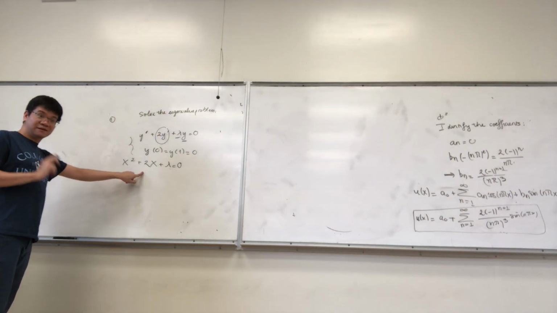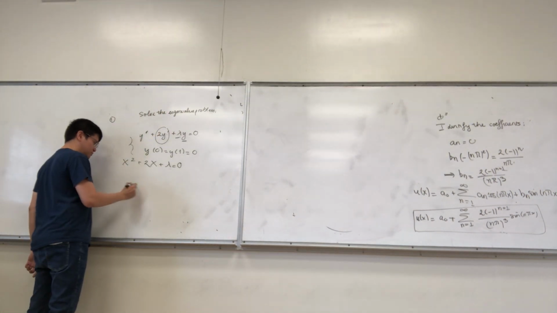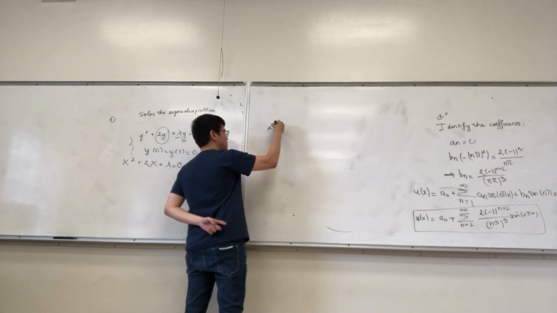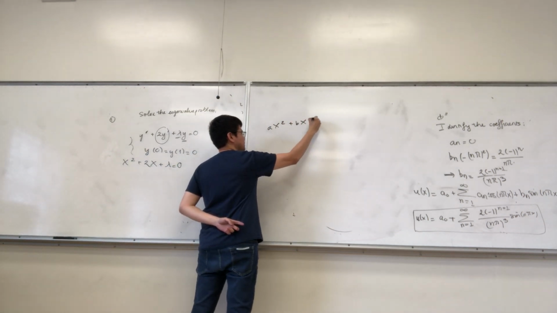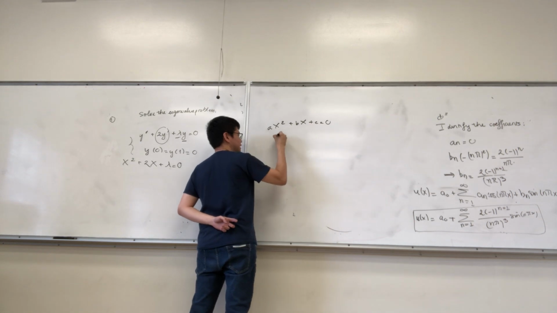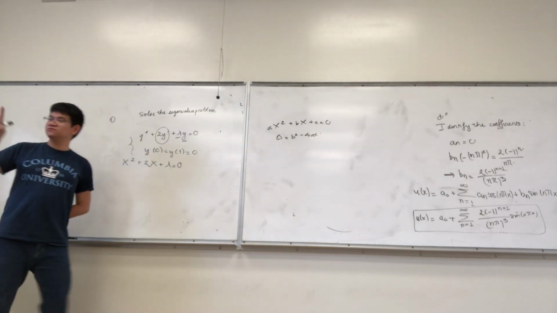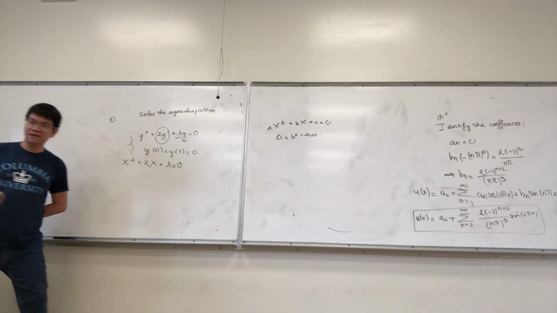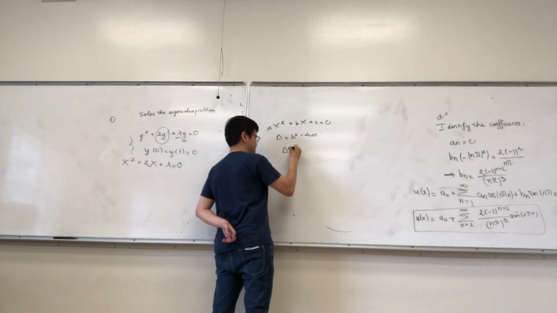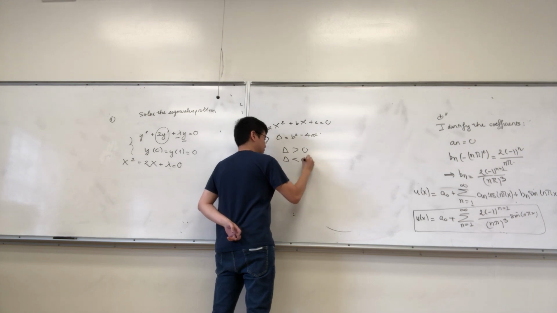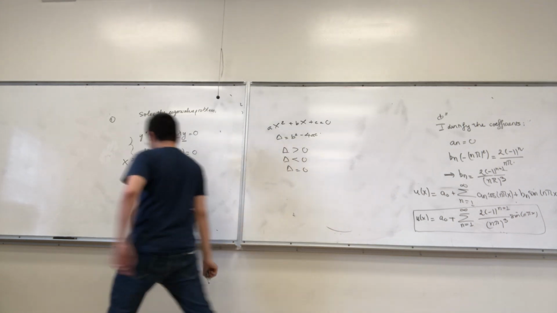Now, so the delta in this case is... So remember that you have ax squared plus bx plus c in the table that I gave you. So the delta will be b squared minus 4c. And you consider the 3 cases. Lambda is positive, lambda is negative, and lambda is 0, right? Lambda is 0. All right.